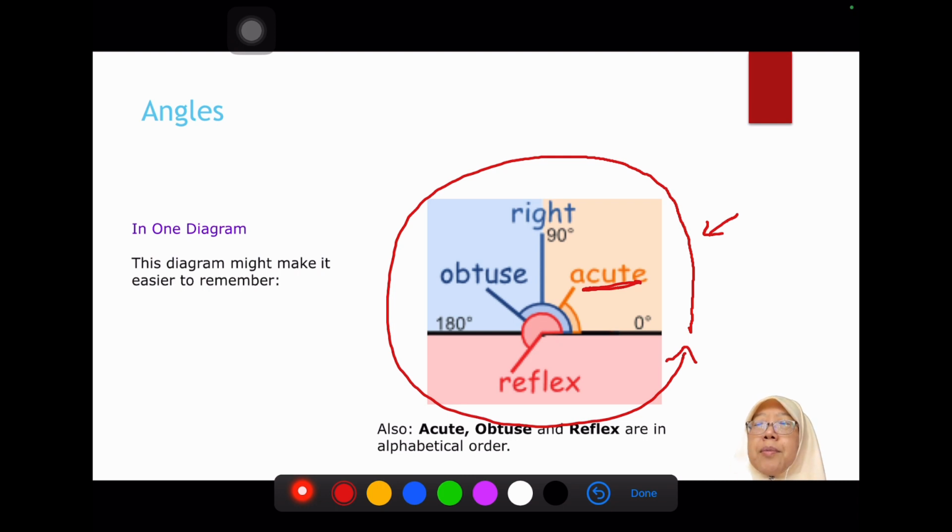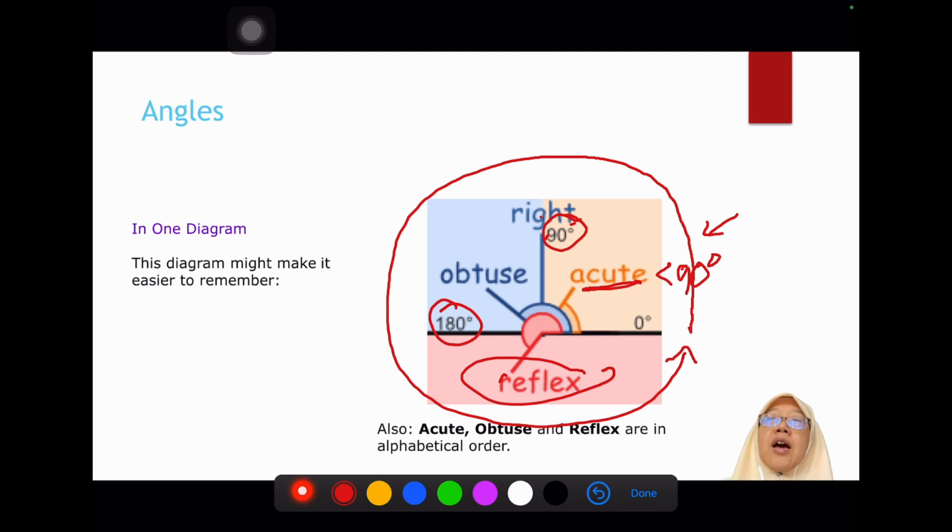You have to remember acute must be less than 90 degrees. And then we have right angle, which is actually 90 degrees. And then we have obtuse, which is between 90 degrees and 180 degrees. And then we have the reflex, which is more than 180 degrees.